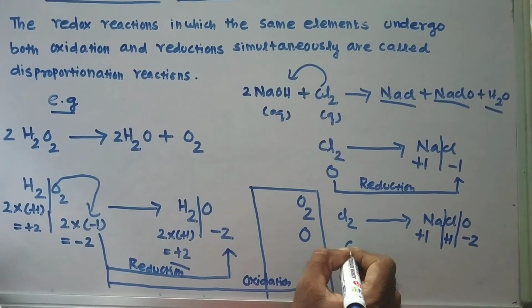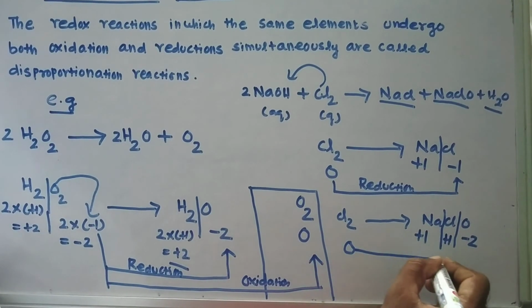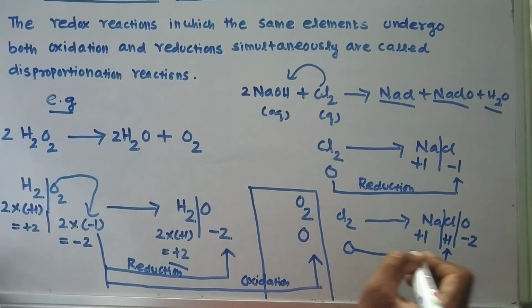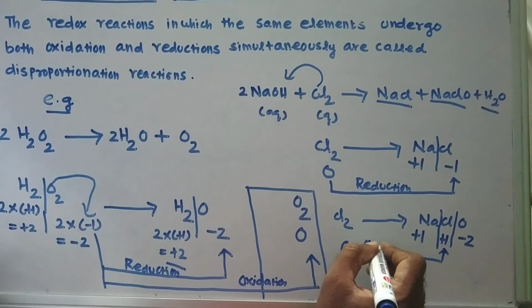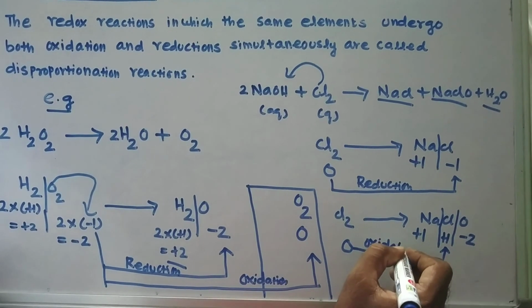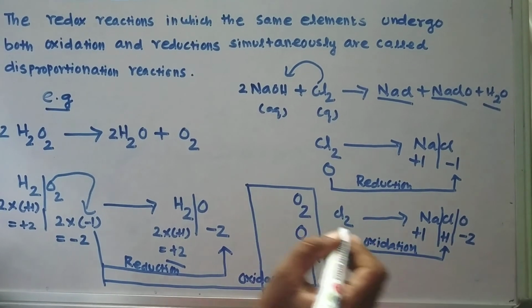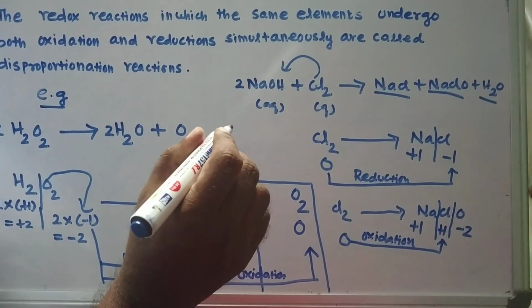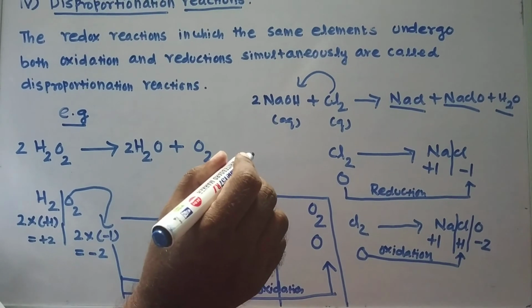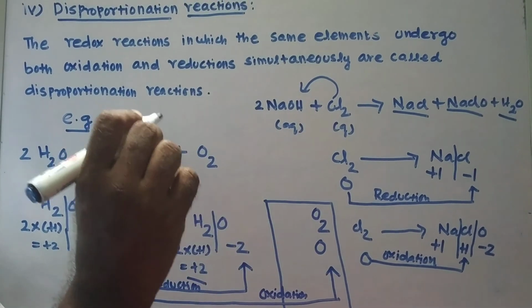So, from the 0 state, it becomes +1. Therefore, there is a loss of electron. So, loss of electron is called oxidation. So, this is another basic example of the disproportionation reaction of chlorine. This is a very special one. Most of the NEET exam questions are asked from disproportionation reactions.